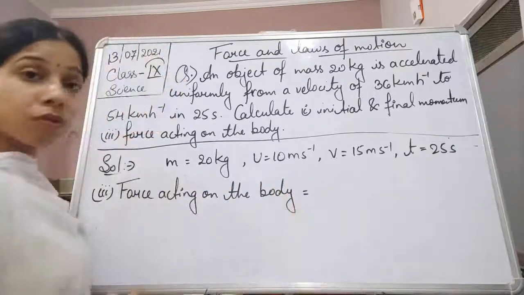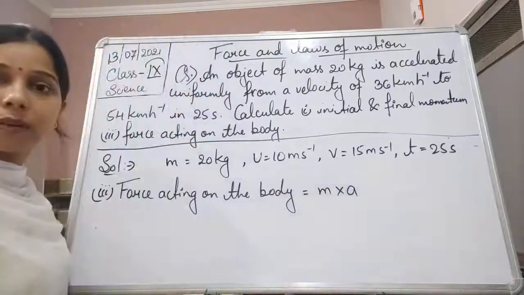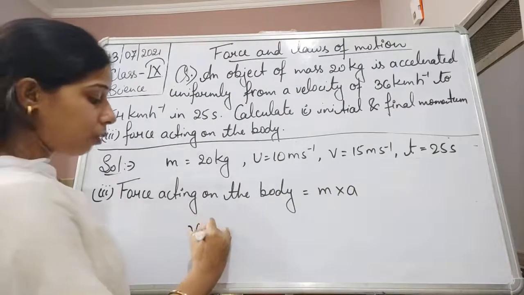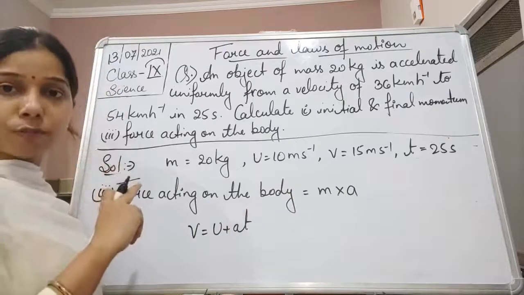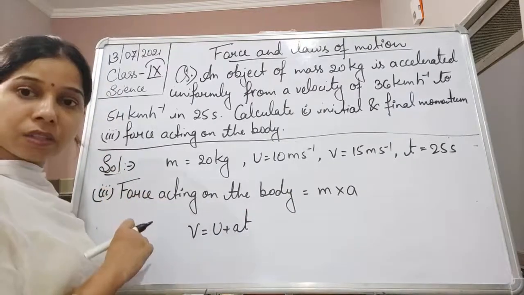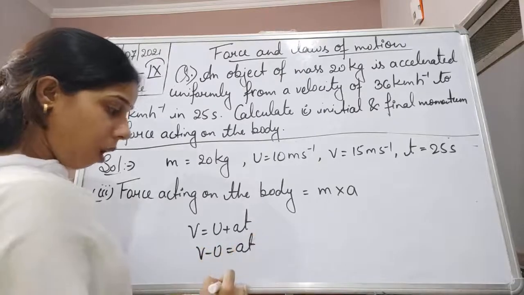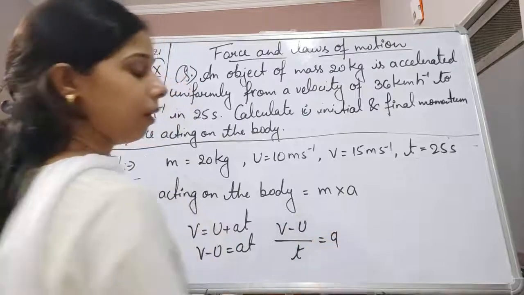We know that force is equal to mass into acceleration. Now to get the value of acceleration, you know that v is equal to u plus at. This is from the first equation of motion. If we rearrange it, it becomes v minus u is equal to at, or v minus u upon t is equal to a.